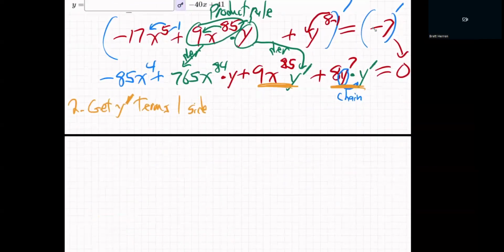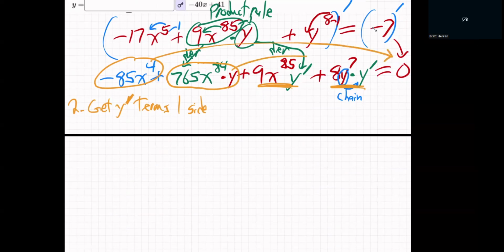So I'm going to grab this guy and this whole term. Terms are things separated by pluses and minuses. Those guys are going to jump over to the other side. When they do, they change the sign in front of them, right? So let's bring these guys down.